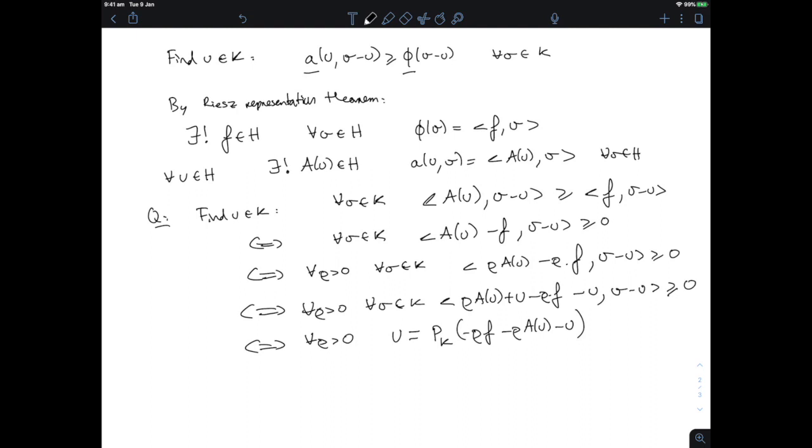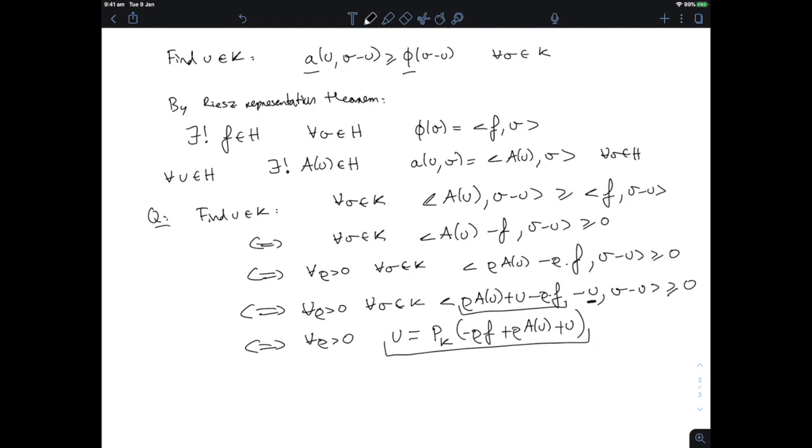Actually, no, minus that. Right, because we have this characterization in terms of this type of inequality of what the projection is. So this is really telling me that this is the projection of that, or minus times that to have a negative.